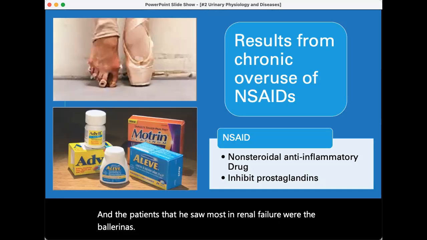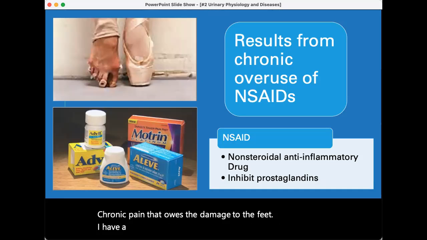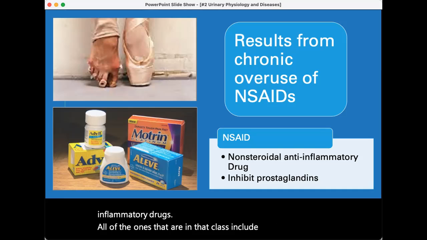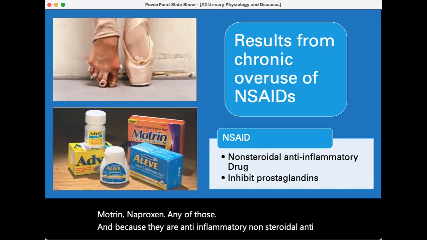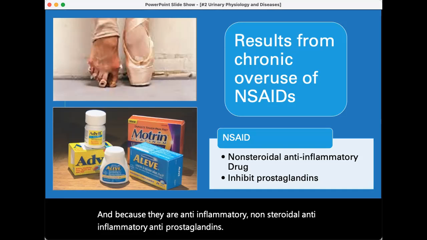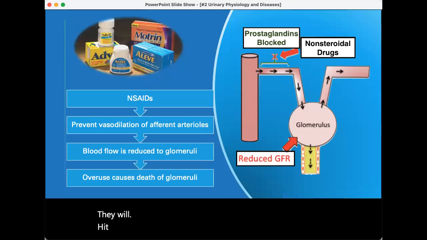Because of the chronic pain, the toes, the damage to the feet, they have a chronic overuse of these non-steroidal anti-inflammatory drugs. All of the ones in that class include Advil, Aleve, Motrin, naproxen, any of those. Because they are non-steroidal anti-inflammatory antiprostaglandins, they will hit that first part, the afferent arterioles.